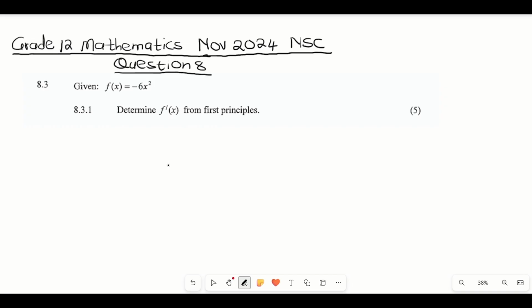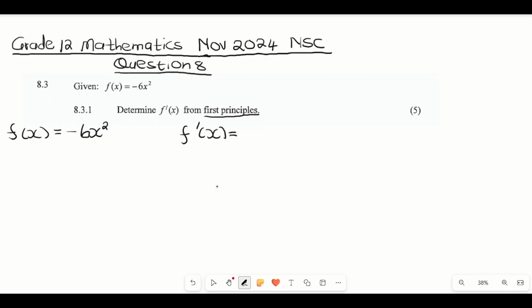So let's write down what we've been given first. We've been given f of x equals minus 6x squared, and we are asked to find f prime of x using first principles.